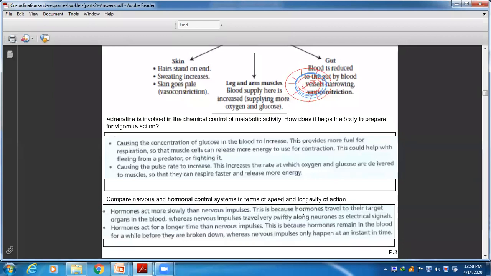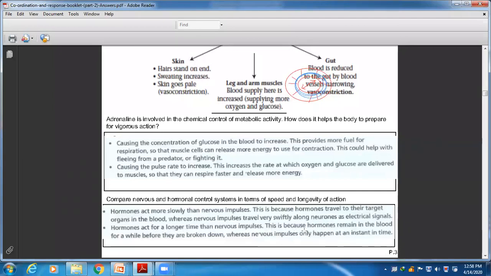This is because hormones travel to their target organ in the blood, whereas nervous impulses travel very swiftly along the neuron as electrical signals. Hormones act for a longer time than nervous impulses.